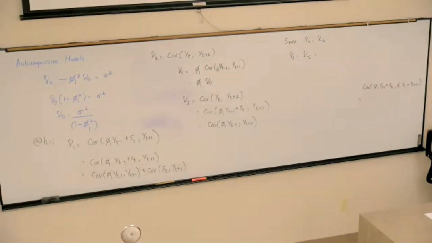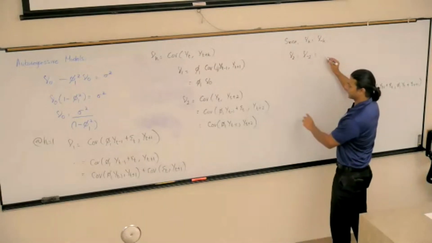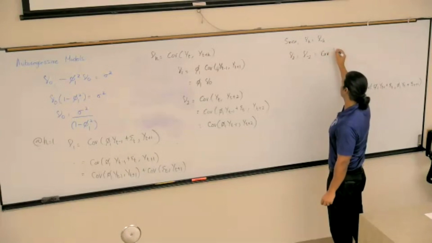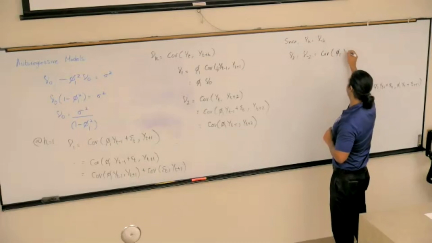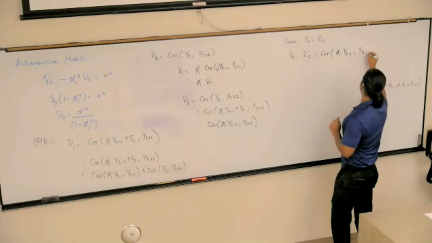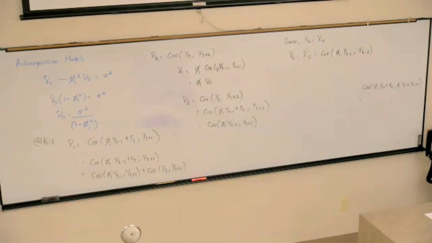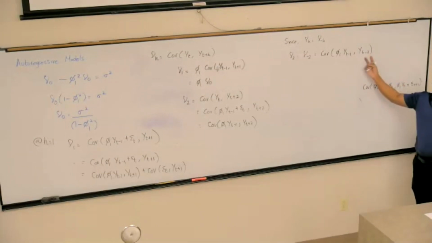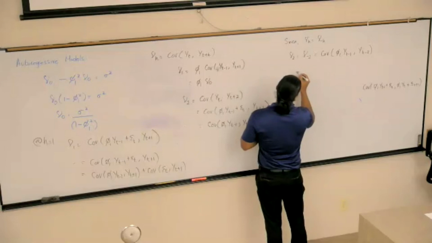Just for the sake of understanding, I could have done it over here, but it will become clearer in this step. So the covariance of phi1 yt minus 1, comma, yt minus 2. Do we agree? If gamma 2 is equal to gamma negative 2, I'm simply changing the positive 2 to the negative 2, correct? And now it's only one step away again.